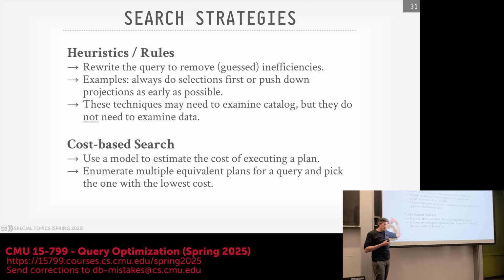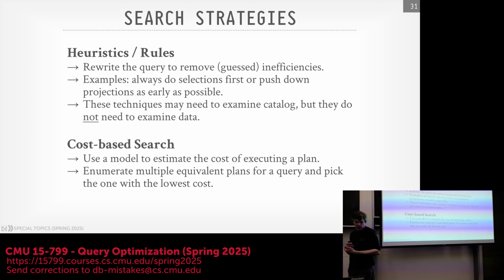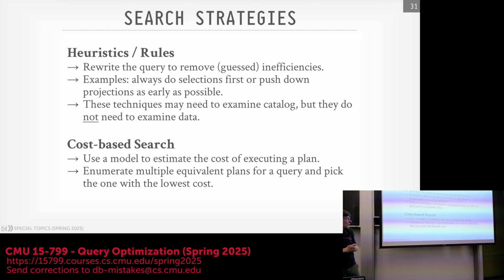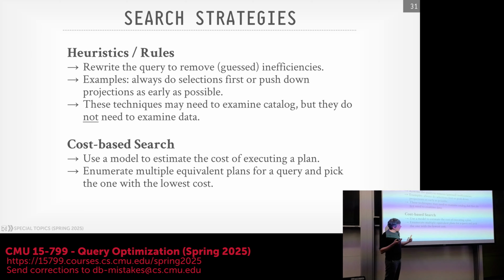Like if I have a Cartesian product and then a join clause in a filter above it, I could have an if-then-else clause that says, if I see that pattern, just collapse that down into an inner join, a single operator, right? And so some database systems, when you see a brand new database system coming out, this is probably all they're going to have, right?